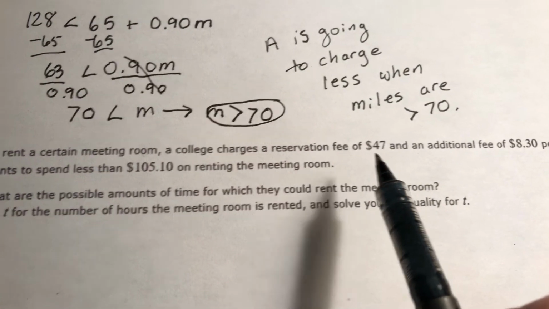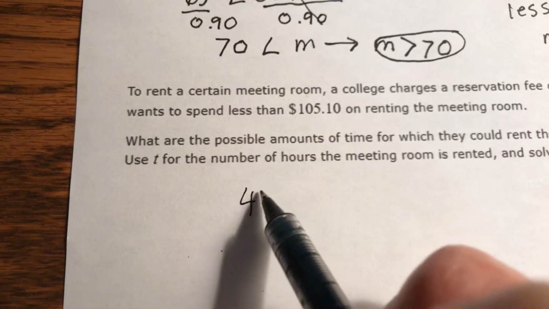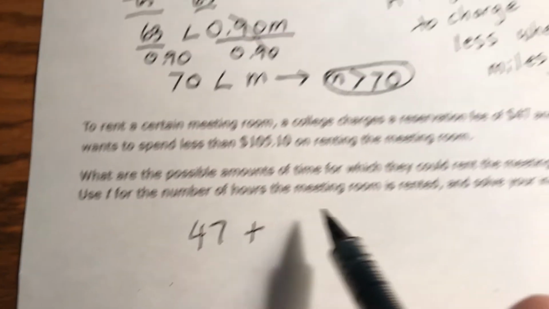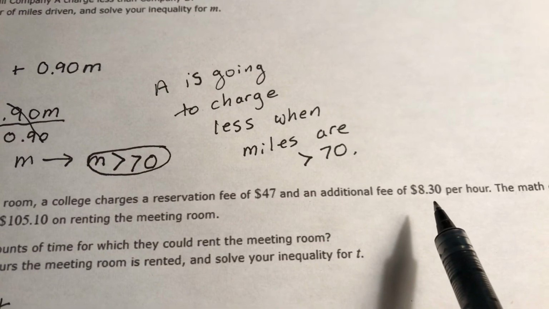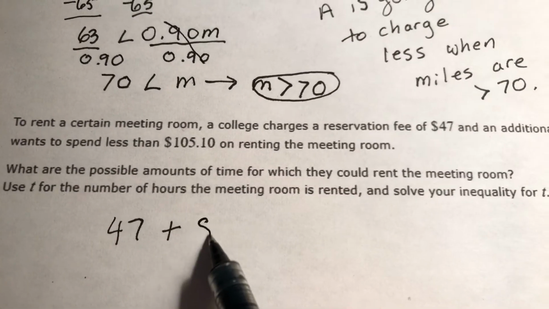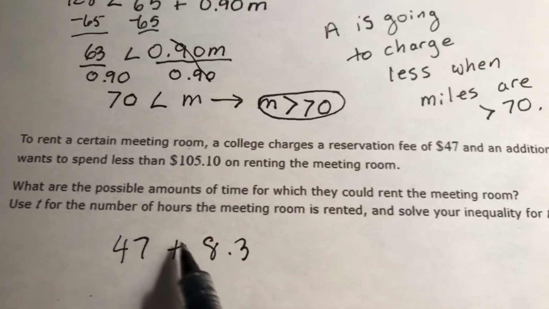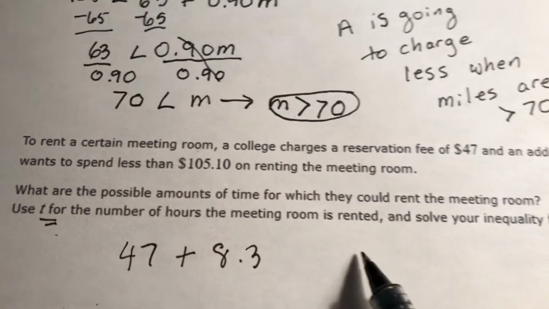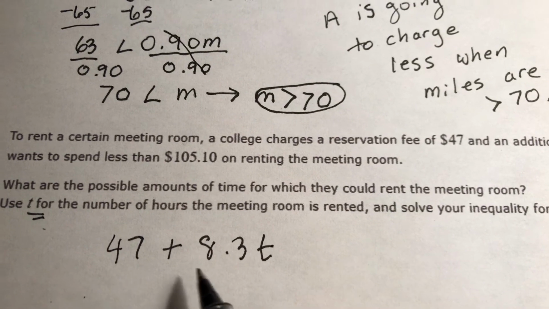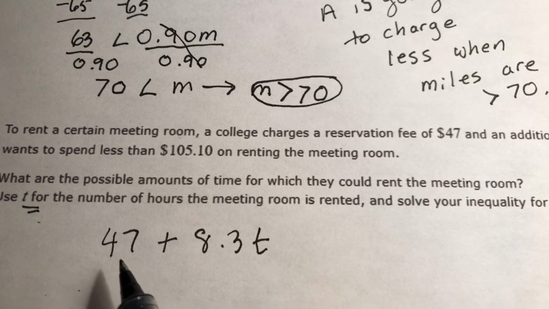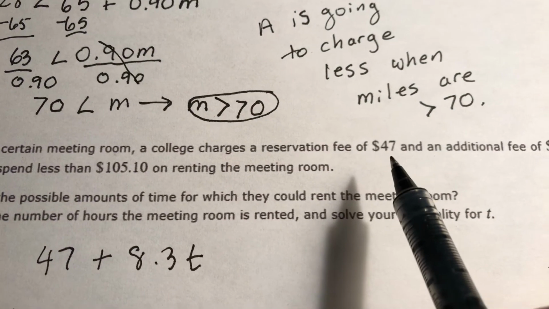So the college charges $47. Now notice that doesn't change. So that's like a flat fee. And an additional fee of $8.30. So 8.3 times T. If you put the T in the wrong place, you know that you're not going to get this right. The 47 is all alone. That's a flat fee.